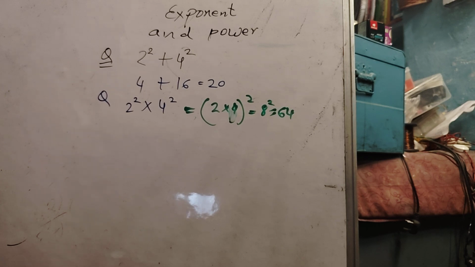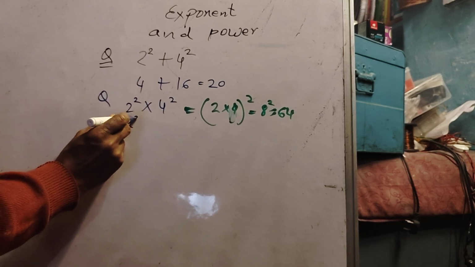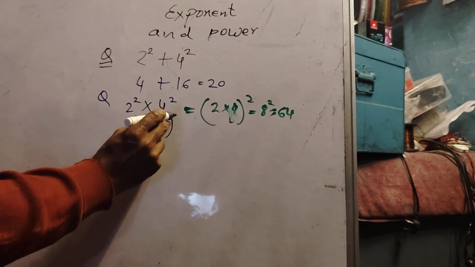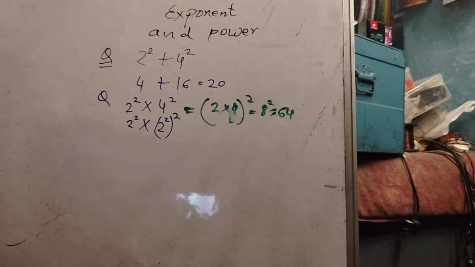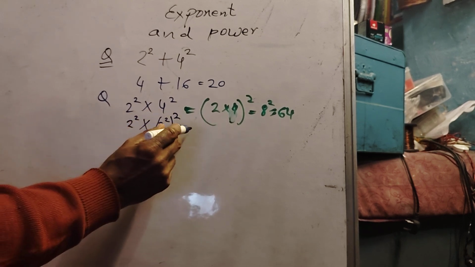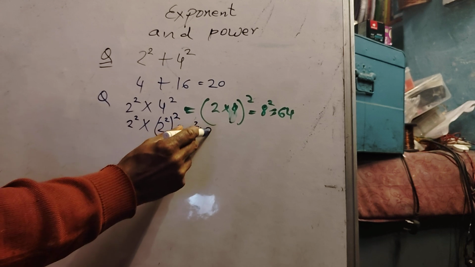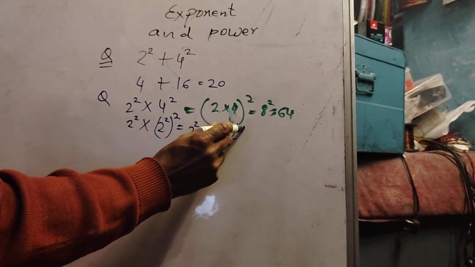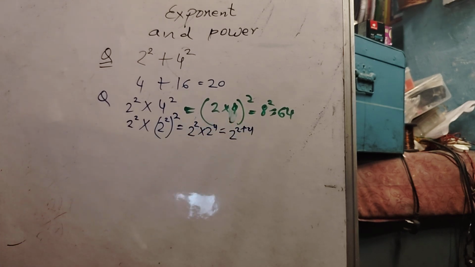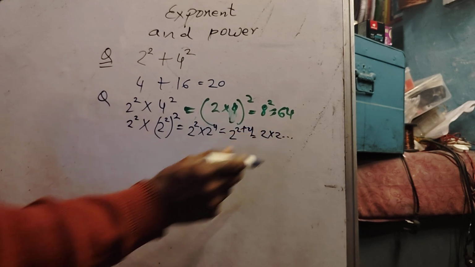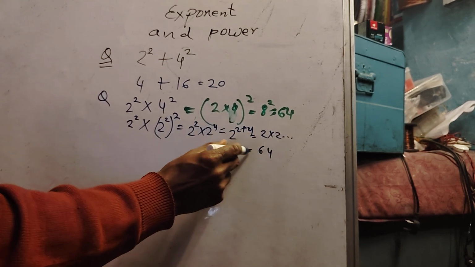Or in another way, 2 square and 4 is also 2 square. Between the powers there is a bracket sign, so the power will multiply, so we write 2 power 4, and the powers can be added. 2 plus 4, so it is 2 power 6. 2 power 6 is 2 into 2, 6 times, so it is 64.